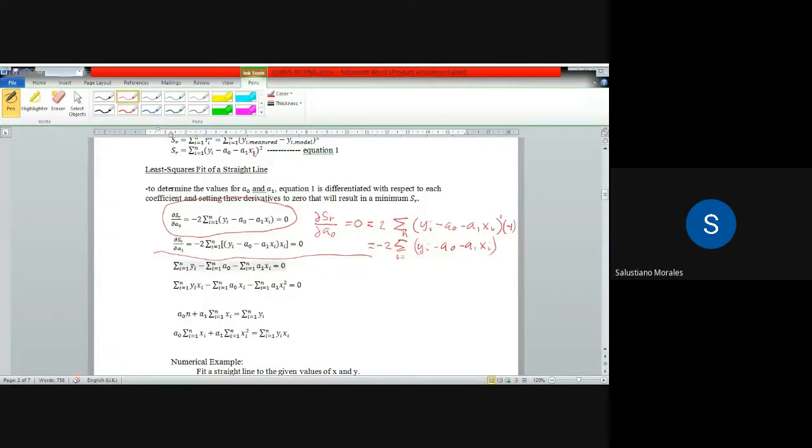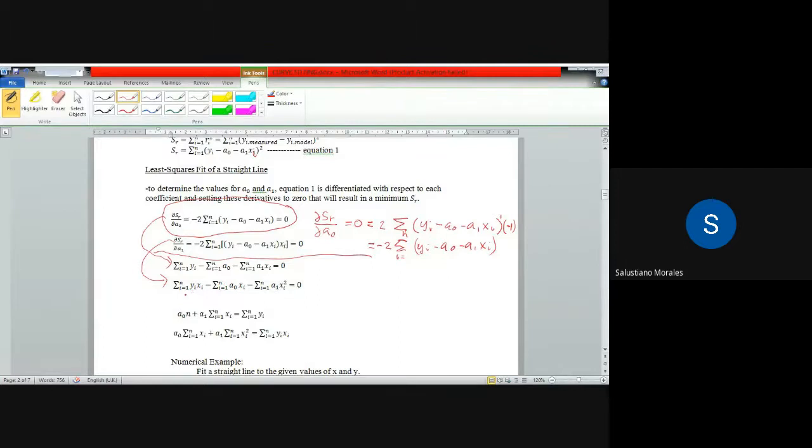Then for the second equation, we do the same. Cross multiply, so 0 divided by negative 2 is 0, and the negative 2 is removed. Then distribute the summation inside and also distribute xi, which is outside the bracket.